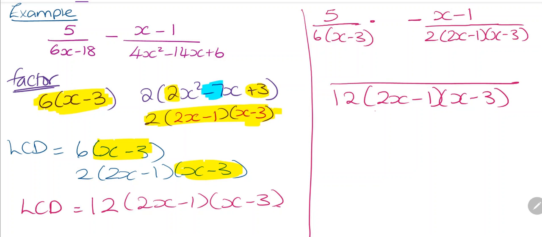Now, what do I need to multiply 6x minus 3 by to get our denominator? I've got to multiply by 2, because 2 times 6 is 12. Then I've got x minus 3, so I need 2x minus 1. So I'm going to multiply both sides by 2x minus 1.